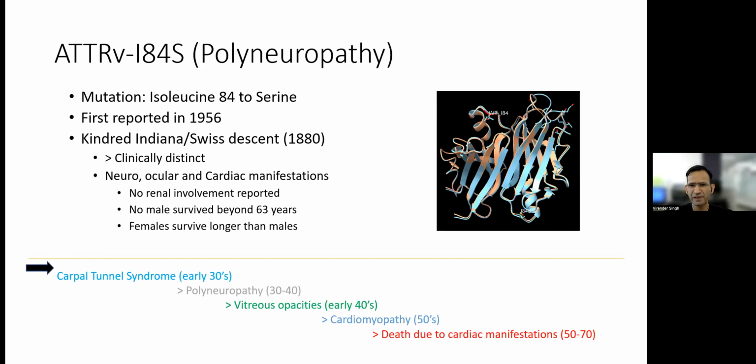When it comes to clinical presentation, based on different studies, patients show carpal tunnel syndrome in their early 30s, followed by polyneuropathy, vitreous opacities, and cardiomyopathy in their 50s. Most of the deaths are due to cardiac manifestation.